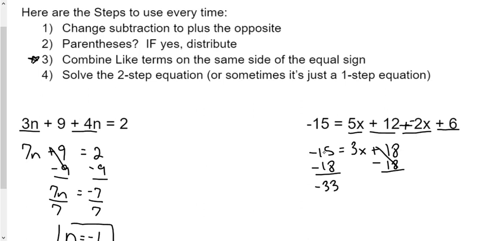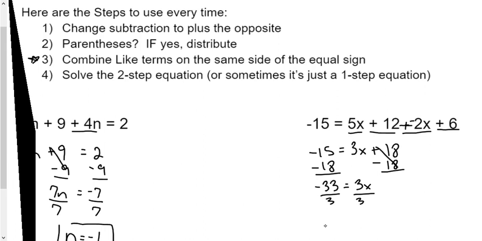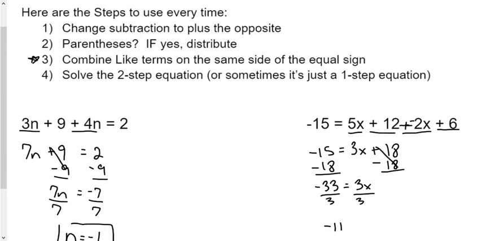If not, pull out your calculator and you'd see it does a keep change type business, and you would still get negative 33. We're just trying to help you get a little bit less dependent on the calculator. And now we can divide it by 3, divide it by 3, and we are left with negative 11 equals x.